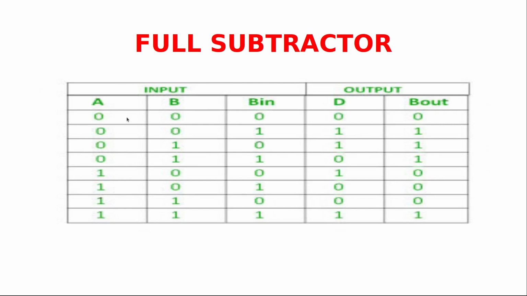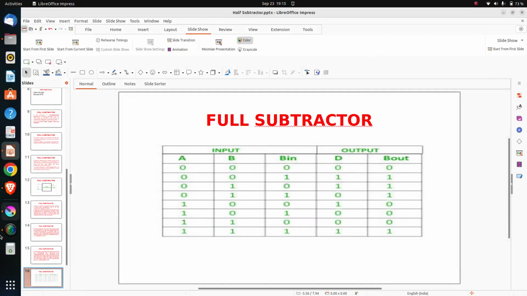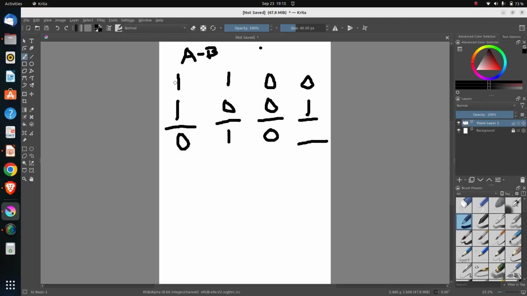First, when all three inputs are 0, there is no difference, so the difference is 0. Here we are not borrowing any element. Now I show you the logic behind the subtraction. 1 minus 1, there is no difference, so the result is 0. 1 minus 0, we get the result as 1. 0 minus 0, we get 0.